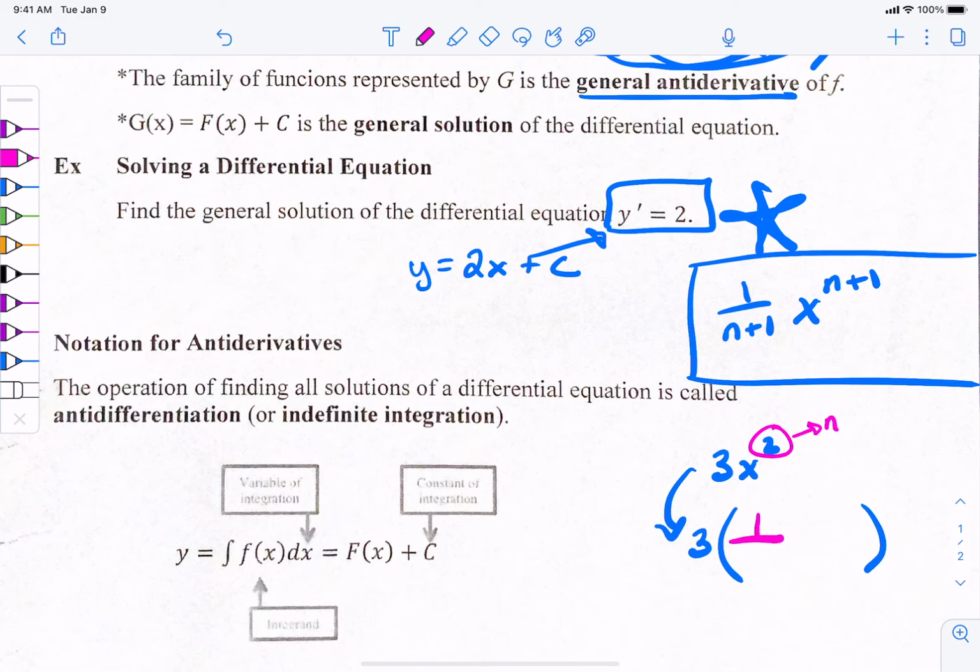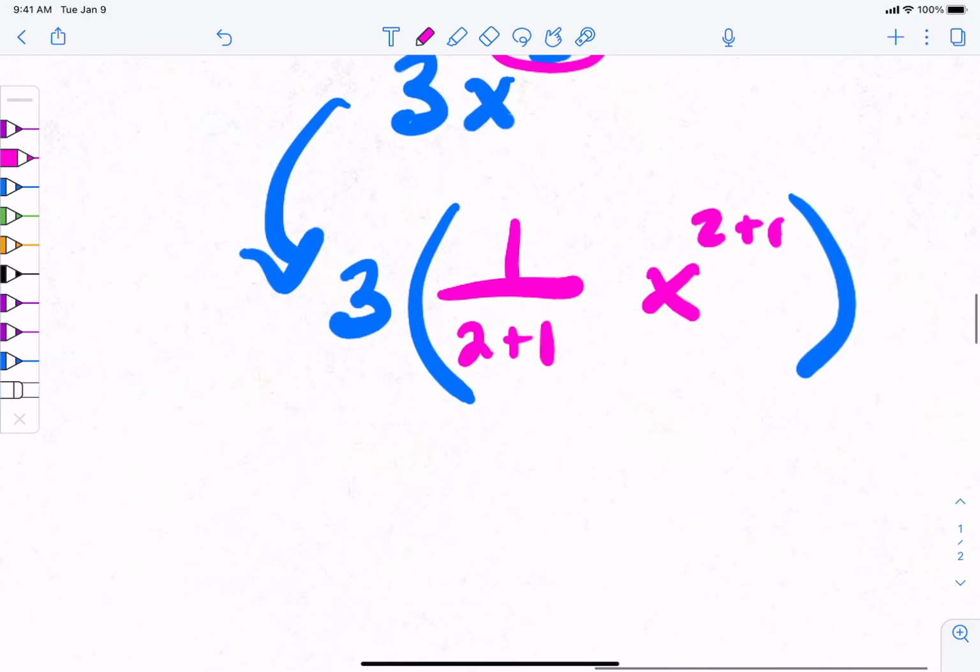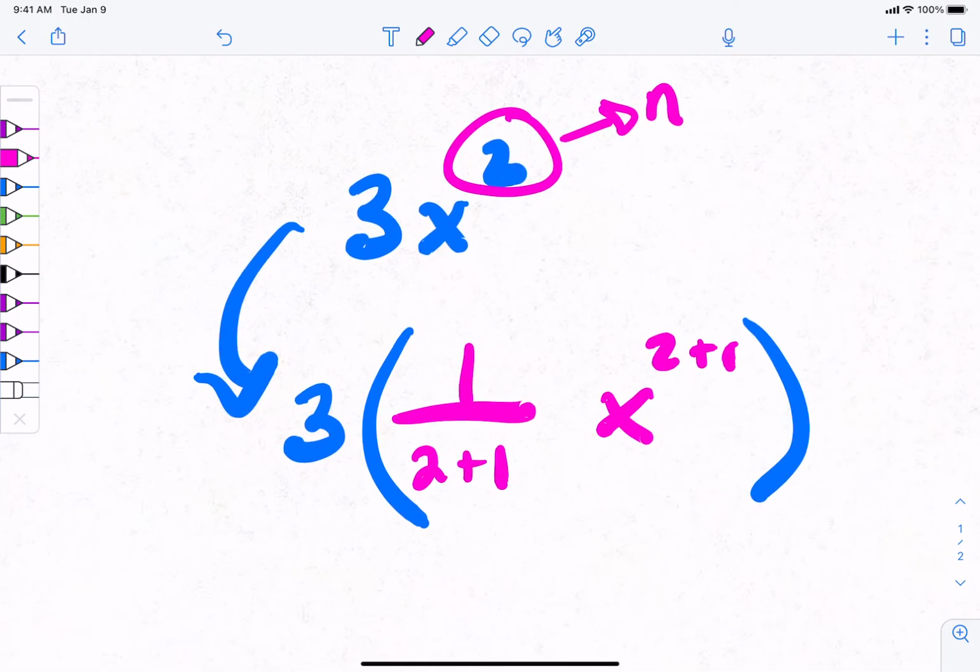So I do 1 over 2 plus 1, x to the 2 plus 1. If you ever have a number on the front, it just chills out front. 1 over 2 plus 1 is just 1/3, x to the third power. Got it?